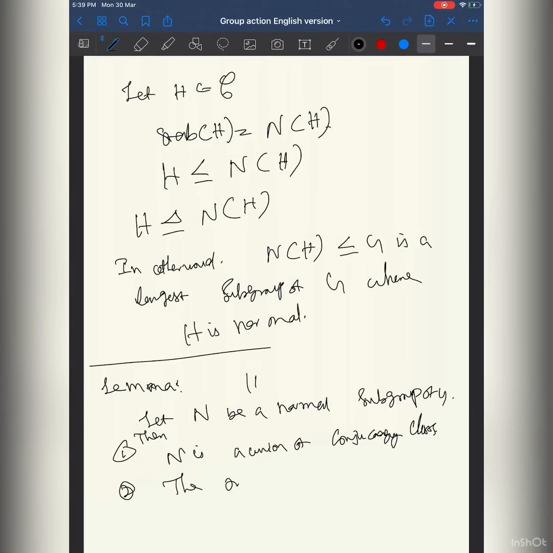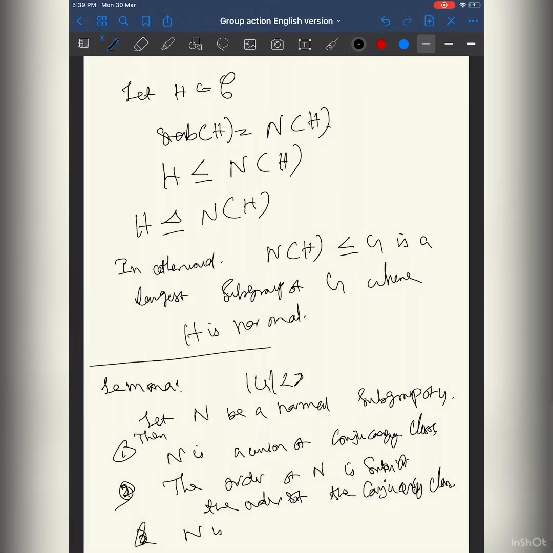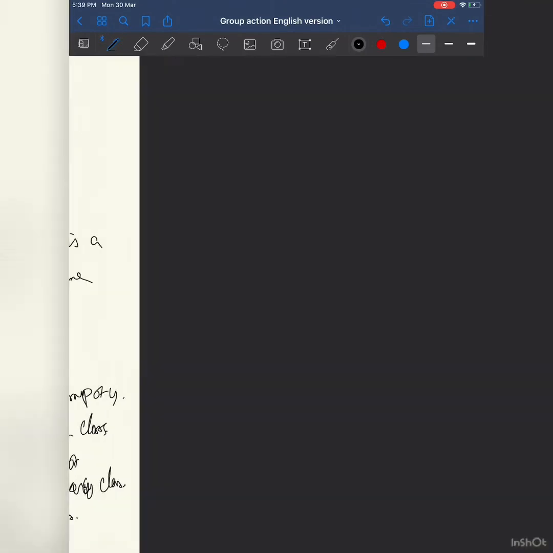Second, for a finite group, the order of N is the sum of the orders of the conjugacy classes. Actually, this is the second point: N is a union of conjugacy classes. You have to see all my videos to understand this point. The point is very easy. Here is the proof.